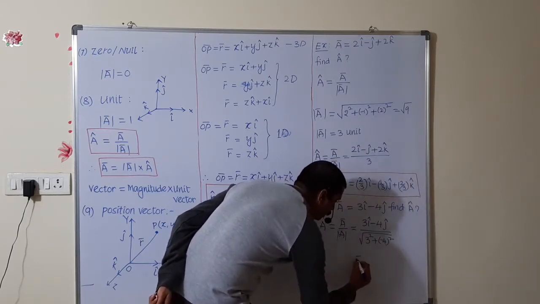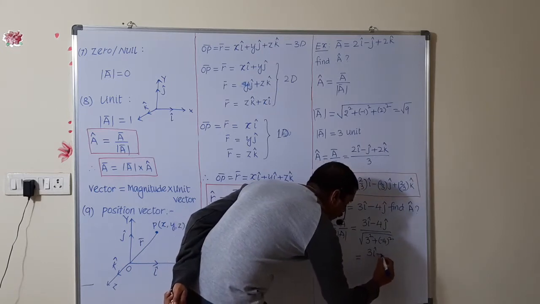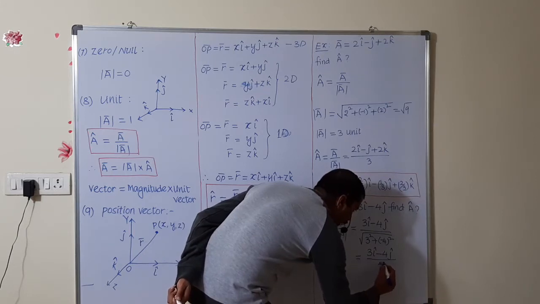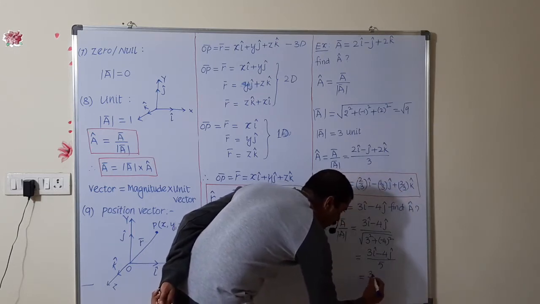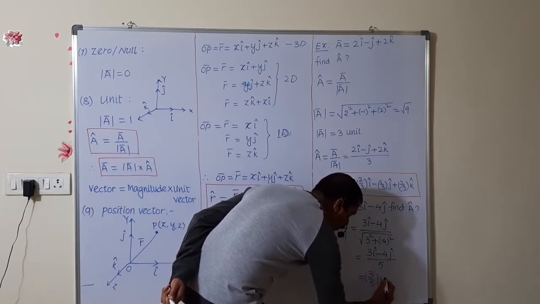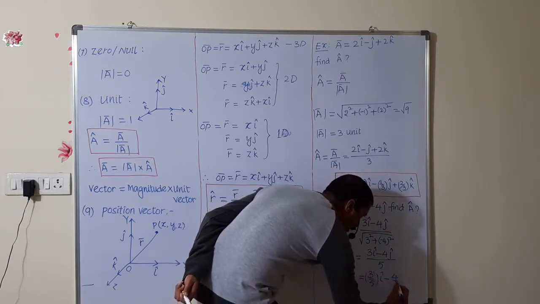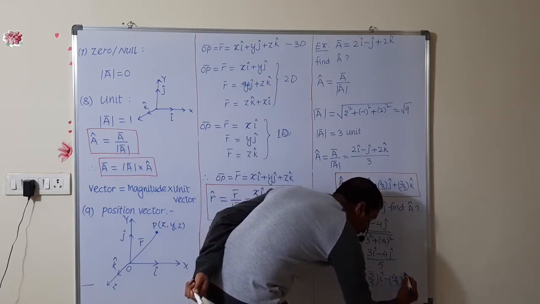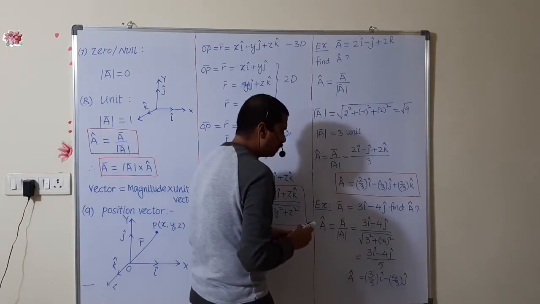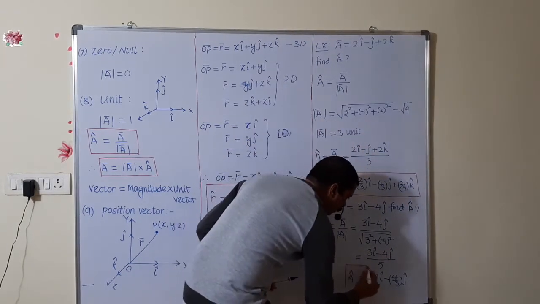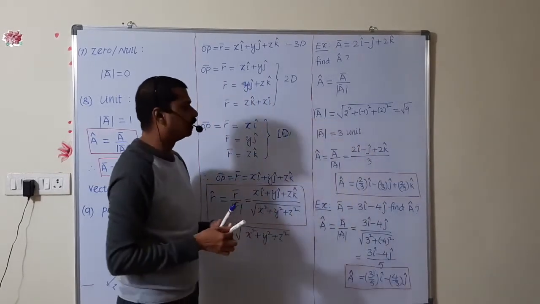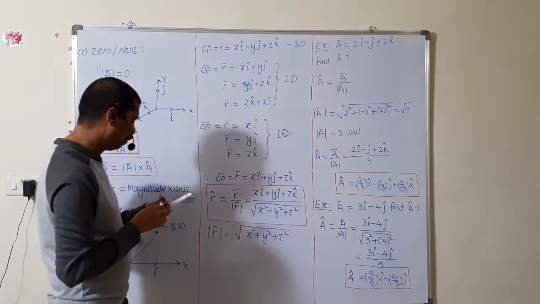Now this vector is 3i cap minus 4j cap upon 5. We can write it as 3 by 5 i cap minus 4 by 5 j cap. This is the final formula. If you get any vector, two-dimensional or three-dimensional, we can find it by using this method. Now copy down.